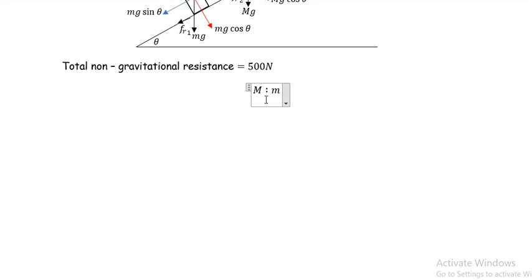That is the ratio. If we want to find the non-gravitational resistance of the carriage, I'm going to call it R carriage. We take the ratio of the mass of the carriage divided by the sum of ratios, then times the value of 500 newtons.